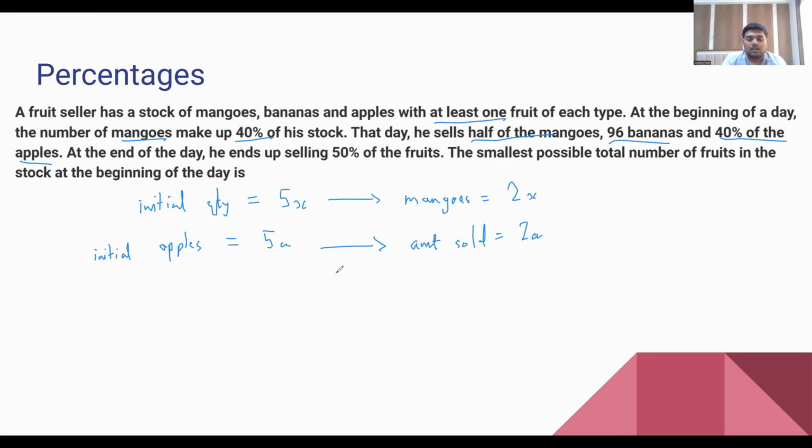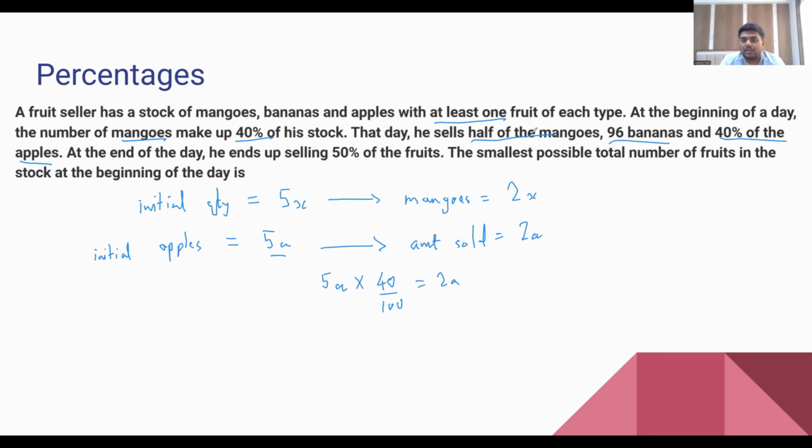Because if you do the percentage calculation, then 5a into 40 by 100, so this is equal to 2a.